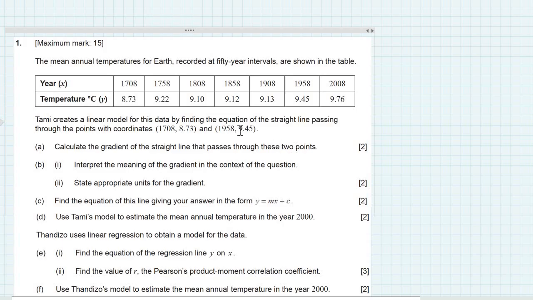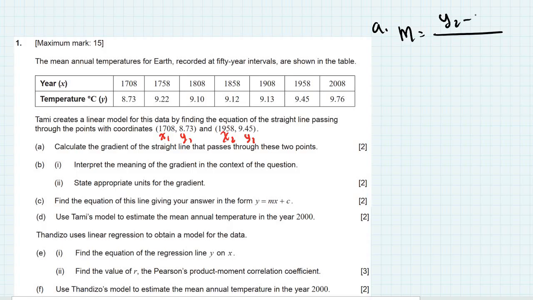the 2 points. So we have 2 points, point 1 and point 2. I will name this point x1, y1, x2, y2. So we can calculate the gradient. Question A. The gradient is equal to y2 minus y1 divided by x2 minus x1.